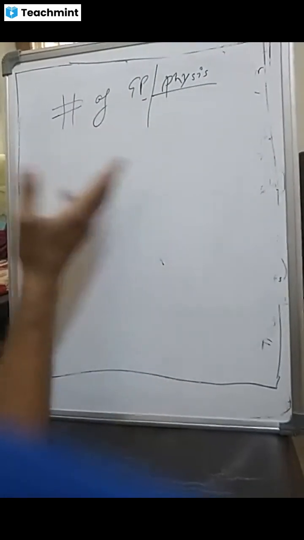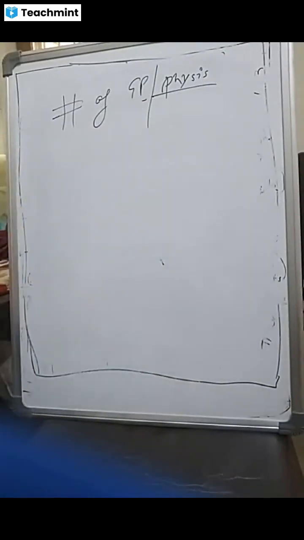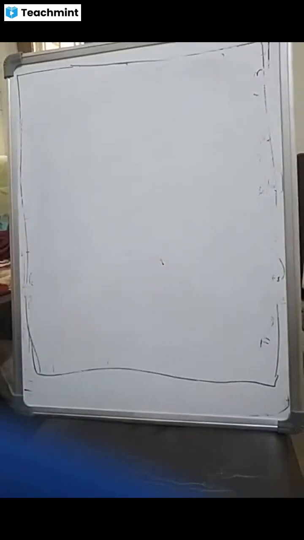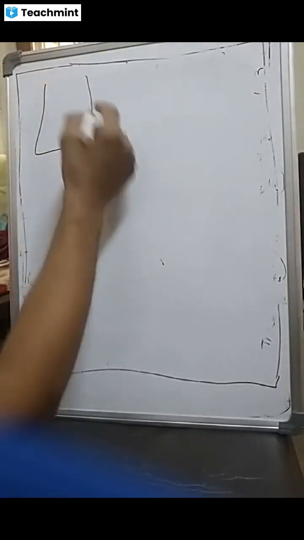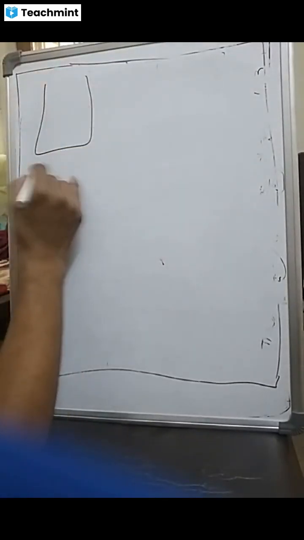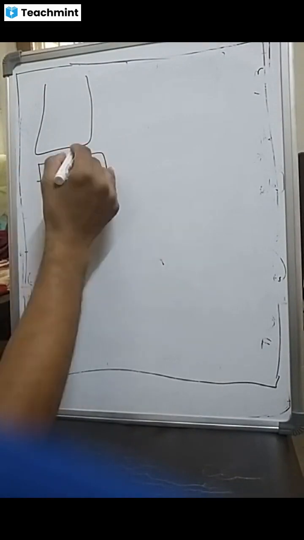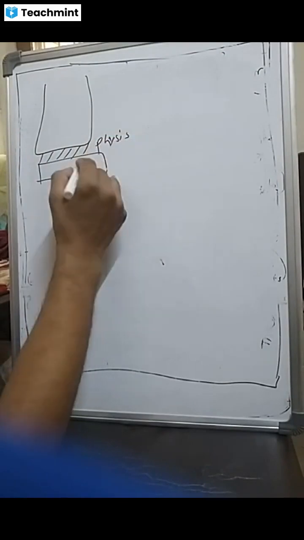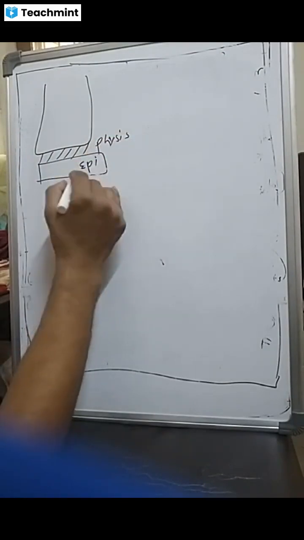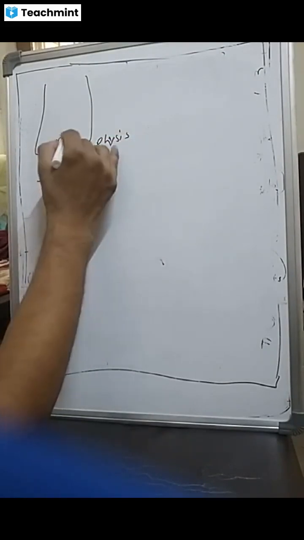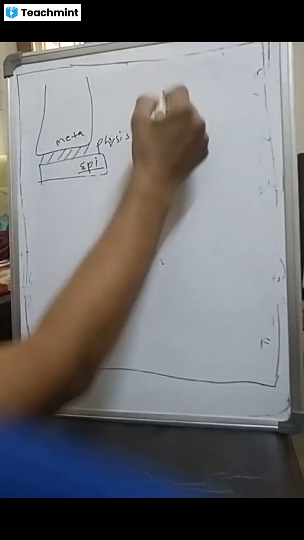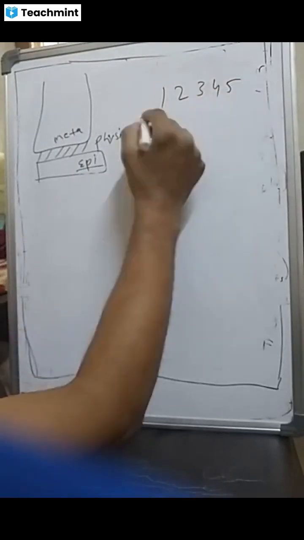In some types, the epiphysis is also involved. So this is the physis, this is the epiphysis and this is the metaphysis. Types 1, 2, 3, 4 and 5.